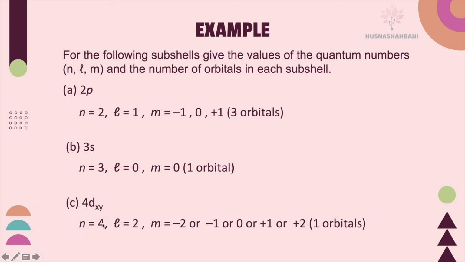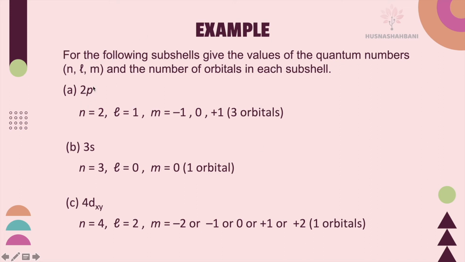You cannot write all of them because it's only dxy, not general d. If it were general d, you could write negative 2, negative 1, 0, positive 1, positive 2. But since it is specified as one type of d orbital only, you can only write one value of m. It's either negative 2, negative 1, 0, positive 1, or positive 2.